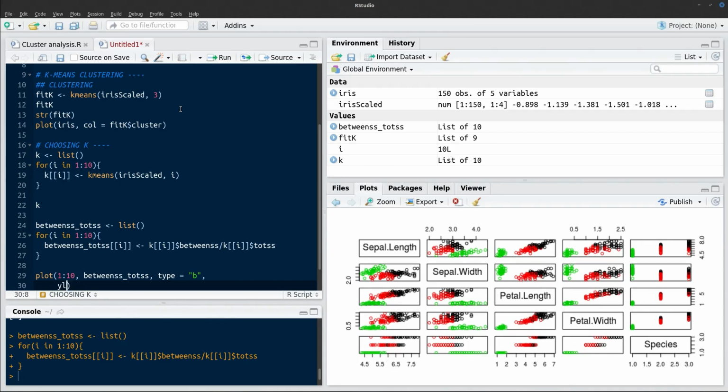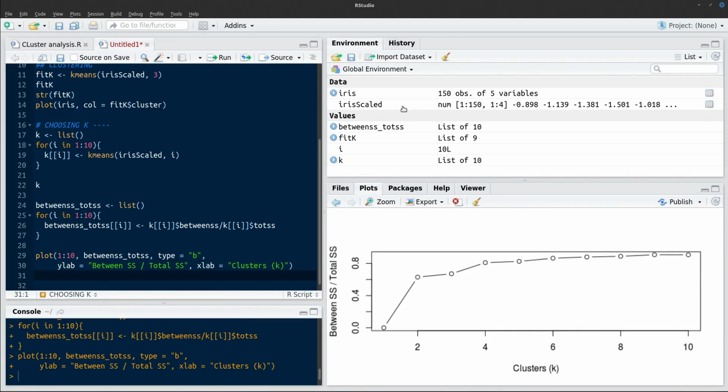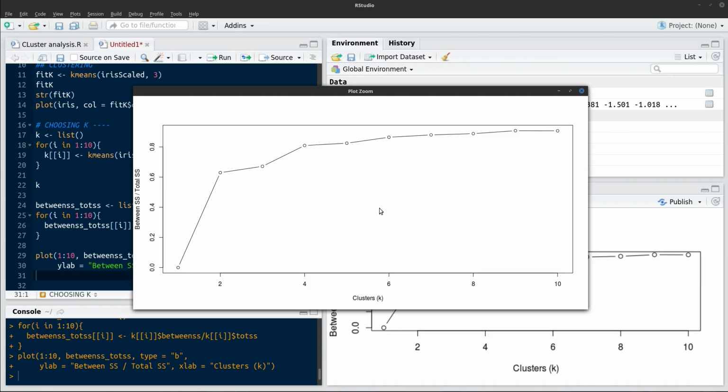And then to make it more readable, our ylab is equal to the between sum of squares divided by the total sum of squares, and the xlab equals clusters, and in brackets this is k. And then if we run this, we get a plot which has the number of clusters, k, on the x-axis, and the ratio of between sum of squares to total sum of squares on the y-axis.